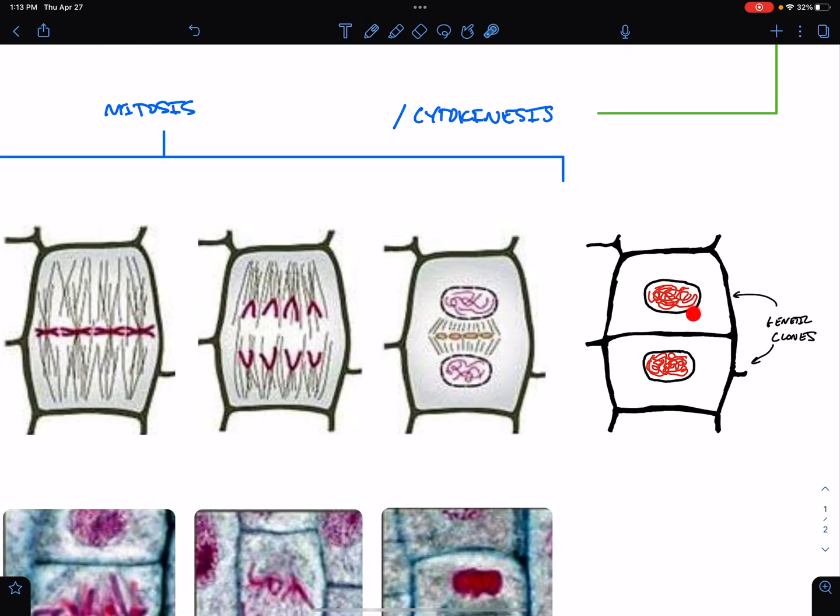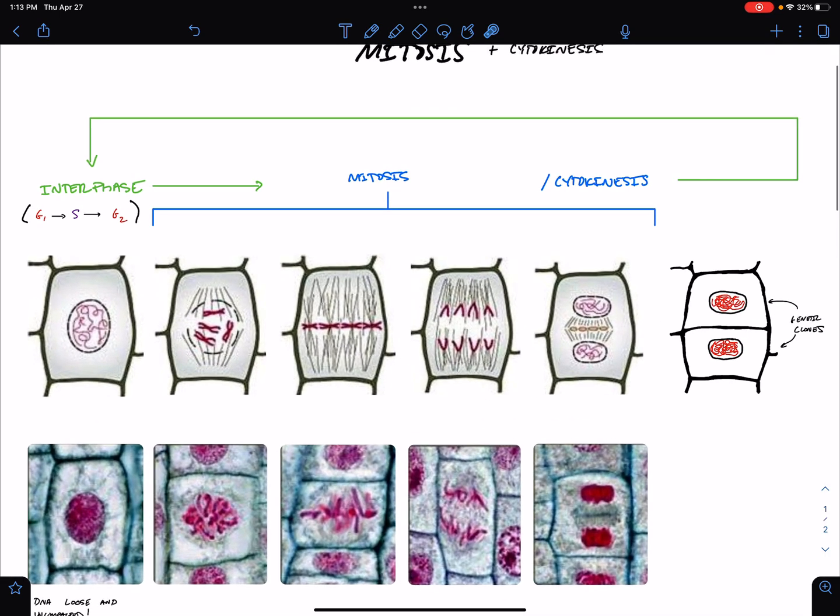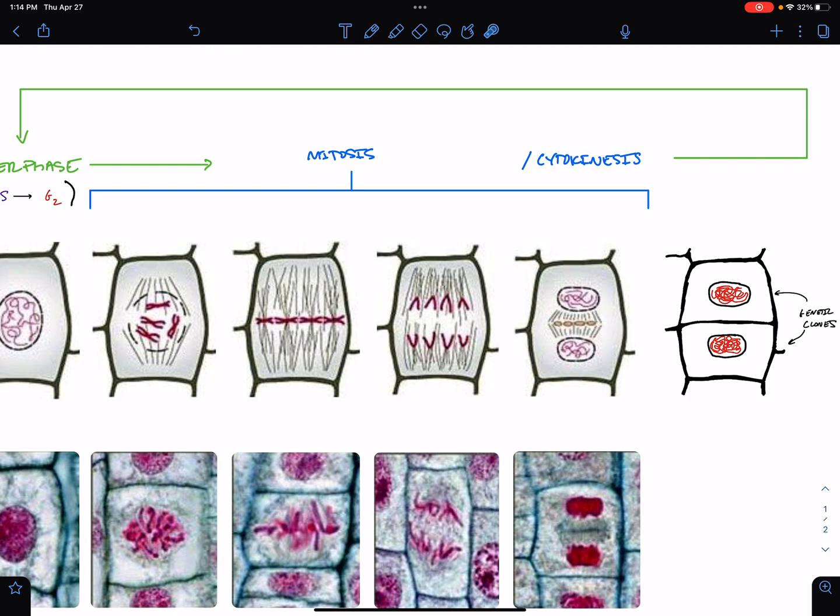They have all the same DNA in each nucleus. So the whole goal of mitosis and then cytokinesis is to divide up the DNA and make sure that both daughter cells end up with all the DNA they need, as well as all the organelles and cytoplasm and cell membrane and such.